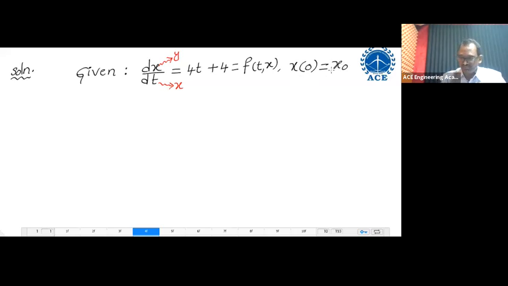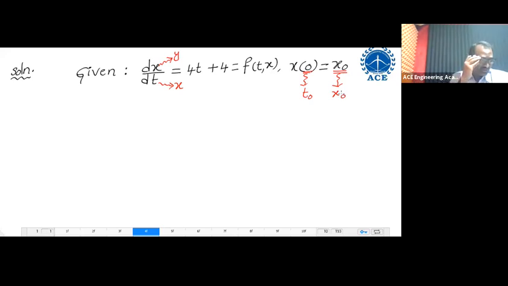This condition is given in the problem, please verify. The y value at x naught is equal to y naught, and y naught means x naught.